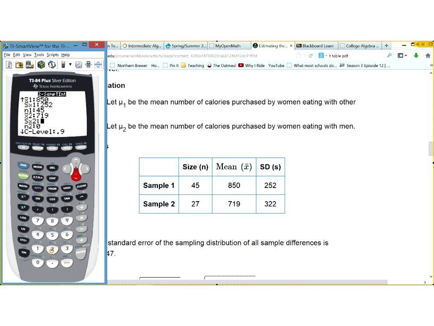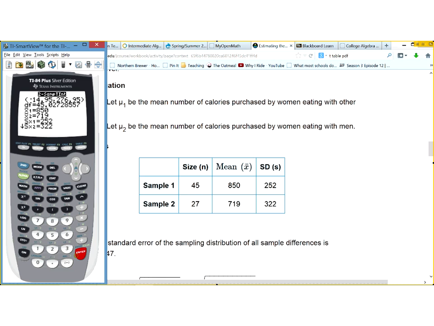Sx2, the second standard deviation, is 322. And the second sample size is 27, close enough to 30, but it's probably not so drastically non-normal that that's a problem. We'll go back to a 95% confidence level. And what pooled means is you want to assume they have the same standard deviation. It's always safest to say no, I don't, especially in this case, since the standard deviations were pretty different. Then hit calculate.